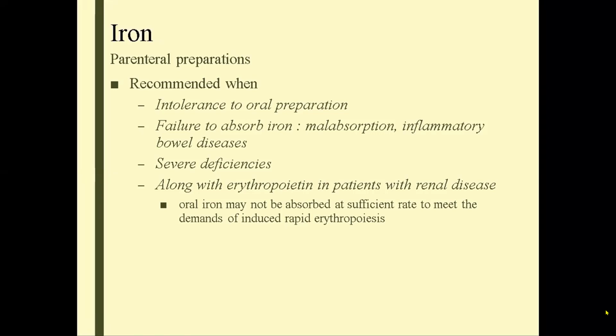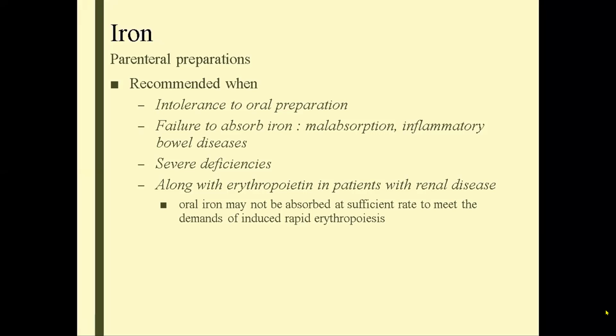Now, if you are giving erythropoietin exogenously, usually the pharmacological dose may be higher and, of course, may be a bit different from the physiological production of erythropoietin, isn't it? So with the pharmacological dose of erythropoietin, the erythropoiesis may be a bit rapid, isn't it? So with that rapid erythropoiesis, when you give oral iron, it may not meet the rate.